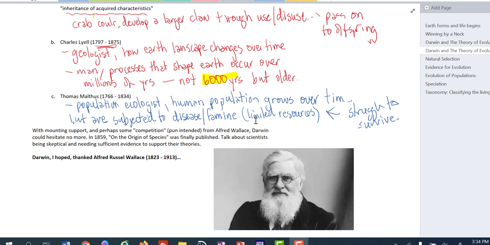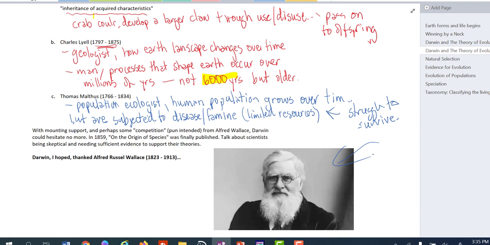So it's with this mounting support, right? All these guys that have come before him or during his time, that Darwin was starting to recognize the value of his ideas. And at the same time, a guy by the name of Alfred Wallace, shown in the picture here, was communicating with Darwin as well and starting to present his ideas. And well, I mean, competition, pun intended.